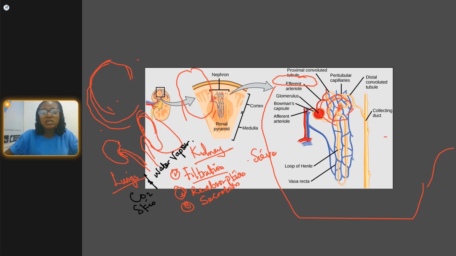This water, salt, and urea come from what we call the sweat gland. You can see it in your questions, so please take note of it.